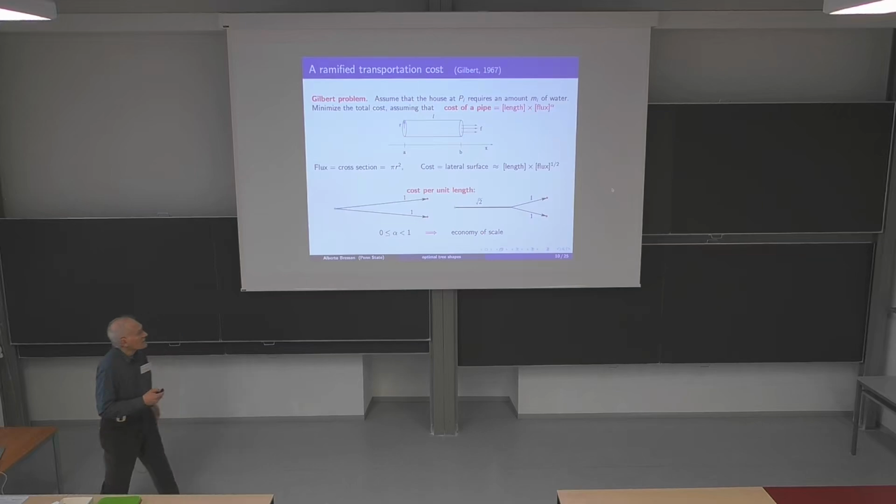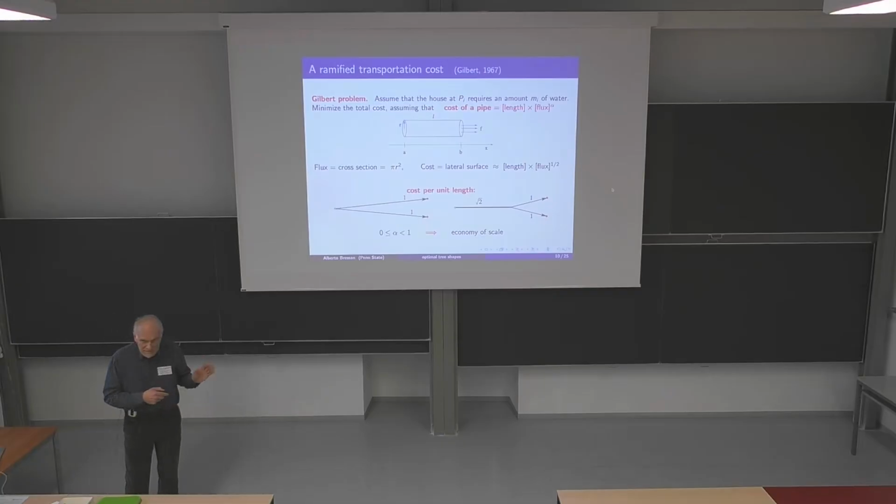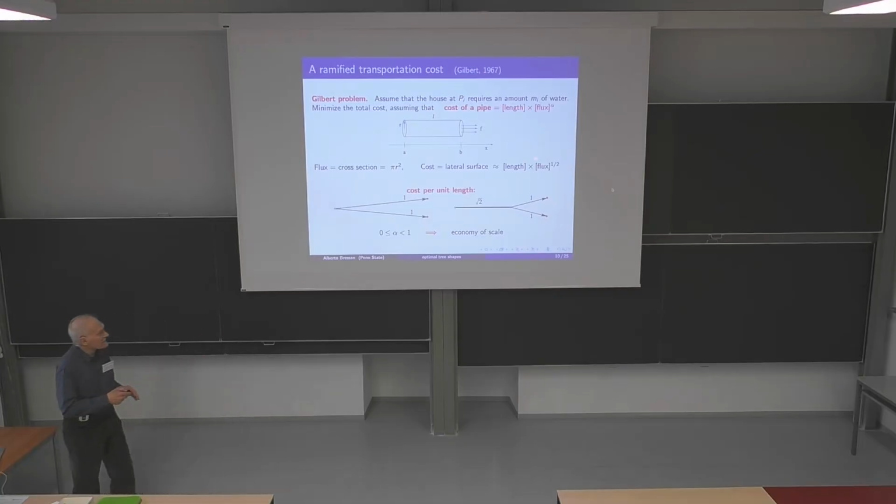And so the cost of the pipe will be the length times the flux to some power alpha, where alpha is between 0 and 1. Why alpha? Well, you can think that the flux will be proportional to the area, to the cross section, so for example here it would be pi r squared. But the cost for building it is the lateral surface, and the lateral surface is going to be the length times the square root of the flux.